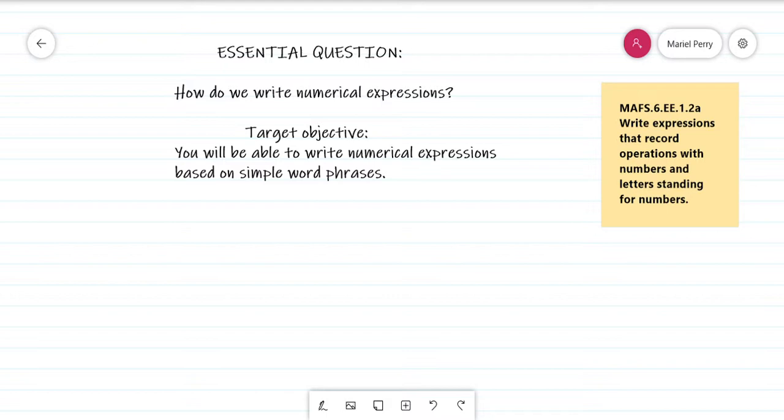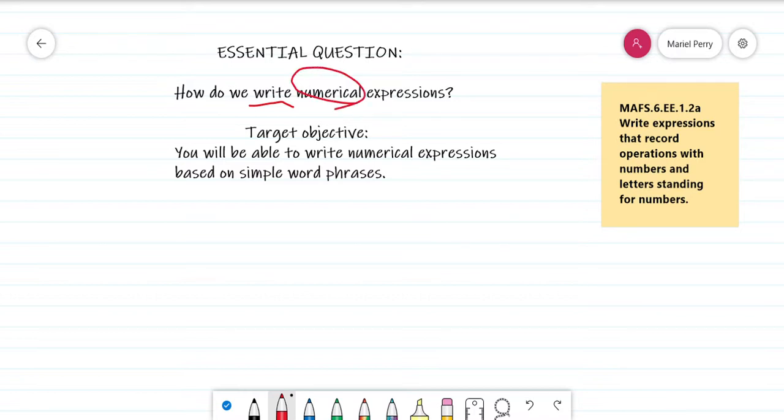Okay, so what I'd like to do right now is break down our essential question and focus on 3 specific words. It says, how do we write numerical expressions? It did not say, how do we sing numerical expressions? It didn't say, how do we solve numerical expressions? It literally says, how do we write numerical expressions?